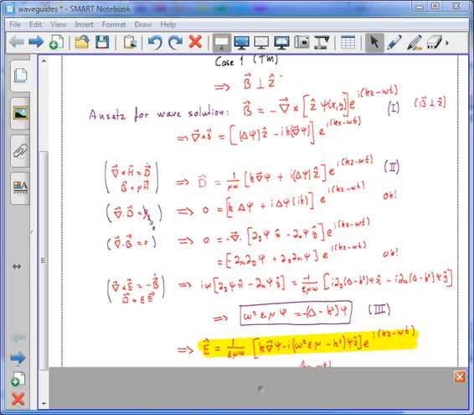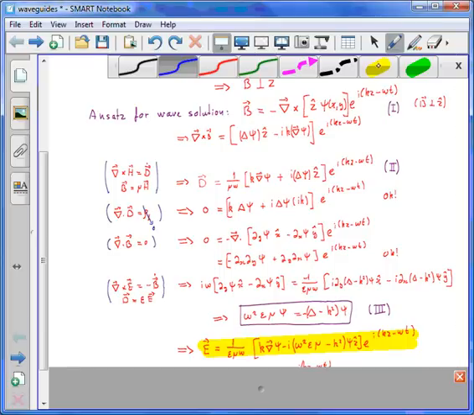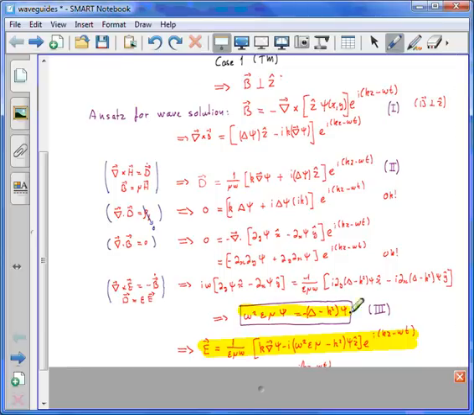So what we have obtained is an expression for E, the electric field, expressed in terms of this function of psi, where we have shown that this is consistent with all four Maxwell equations, and in order to find psi, it basically has to be a solution also of this differential equation.